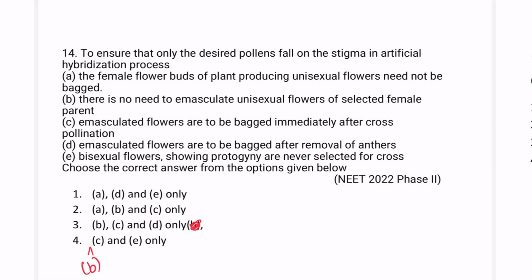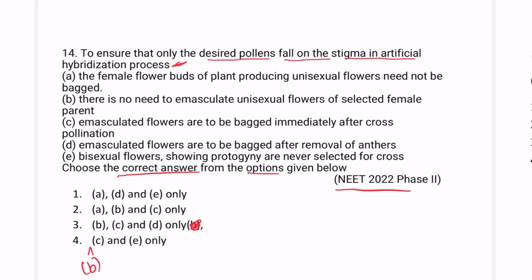So the next question, this is from NEET 2022 phase 2, and they are asking us to find the correct answer from the options. The statements given here are related to the hybridization process, and they are asking us to find what must be ensured so that only the desired pollen grains fall on the stigma in the artificial hybridization process.